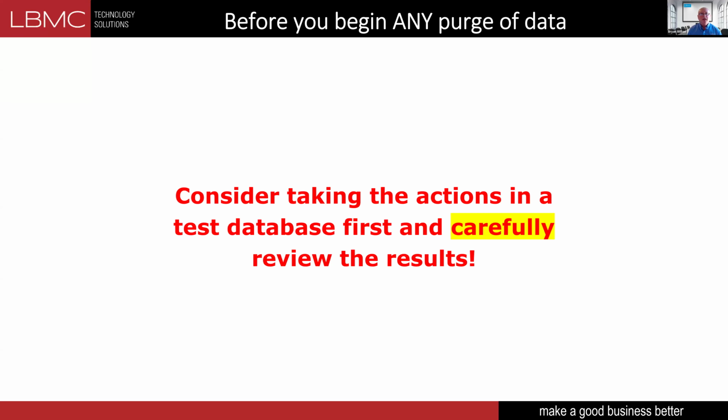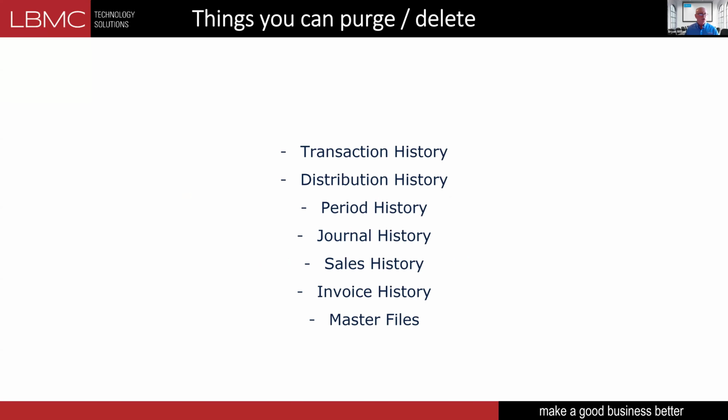So what can you purge, meaning what can you delete out of the system when it's no longer needed? Pretty much everything. Transactions, distributions, which are the debits and credits. If you think about the distribution button on a lot of the subledger windows, that's the journal entries.